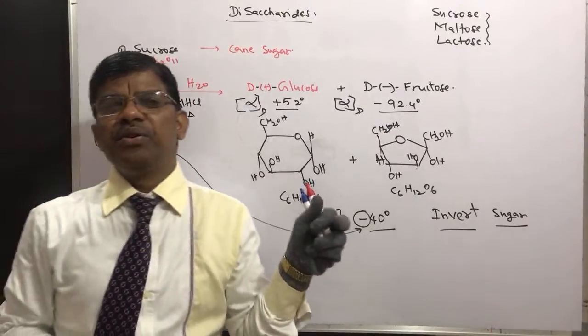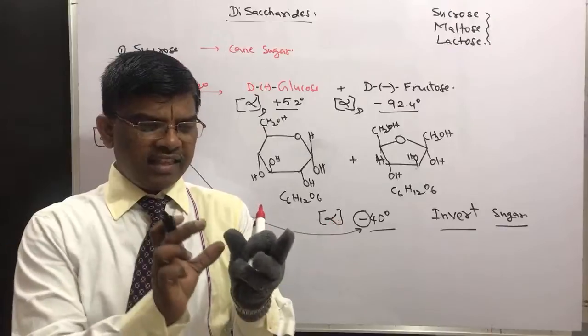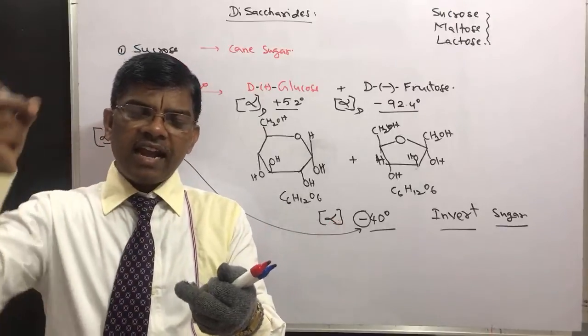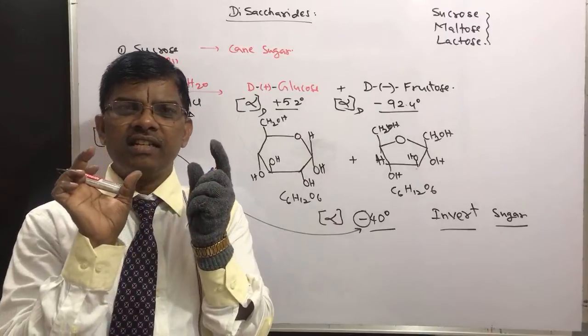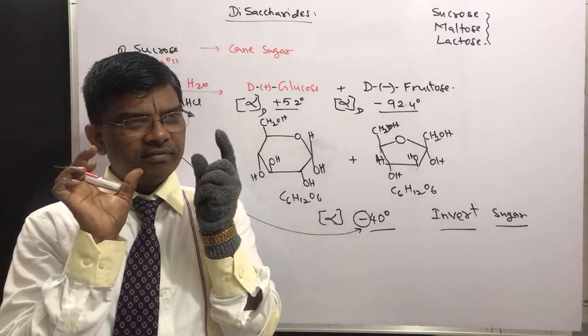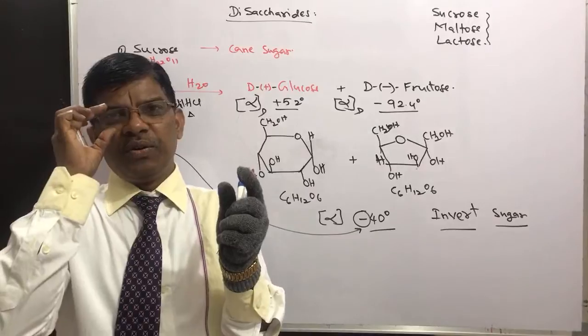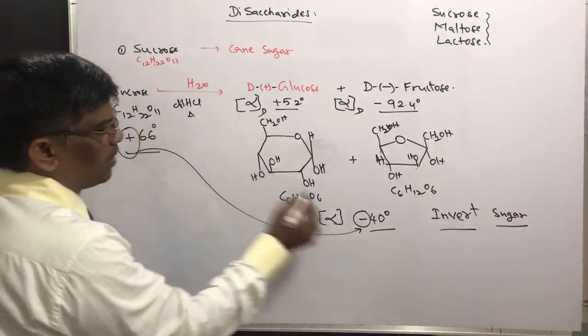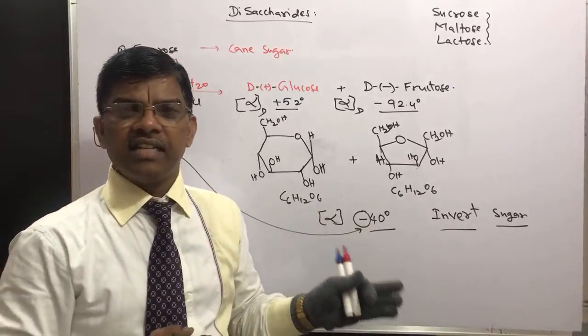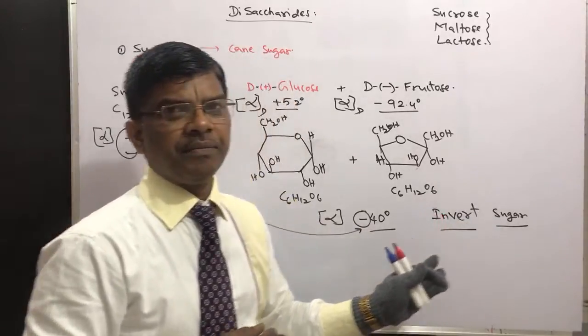Dear students, during the experiments they have taken sucrose, added dilute HCl and kept it in the optical rotation tube itself. After some time the optical rotation slowly changes from plus to minus side. That is why it is named as invert sugar.